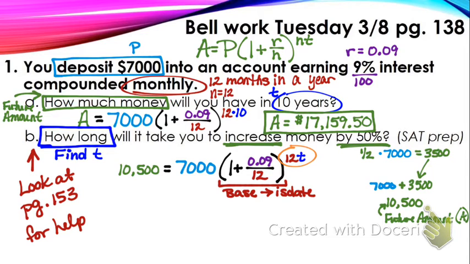What else is on that side that's not the parentheses or the power? 7,000. So we're going to divide it. You're absolutely correct. We're going to divide both sides by 7,000. What is 10,500 divided by 7,000? 1.5 is equal to, and then I've got my parentheses with the 1 plus all this jazz.